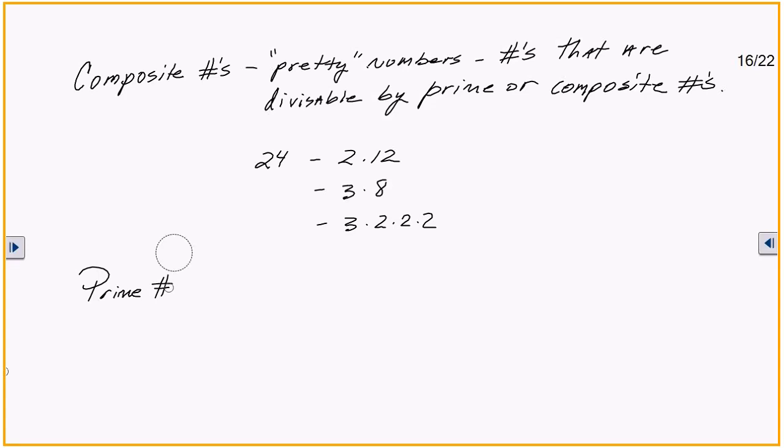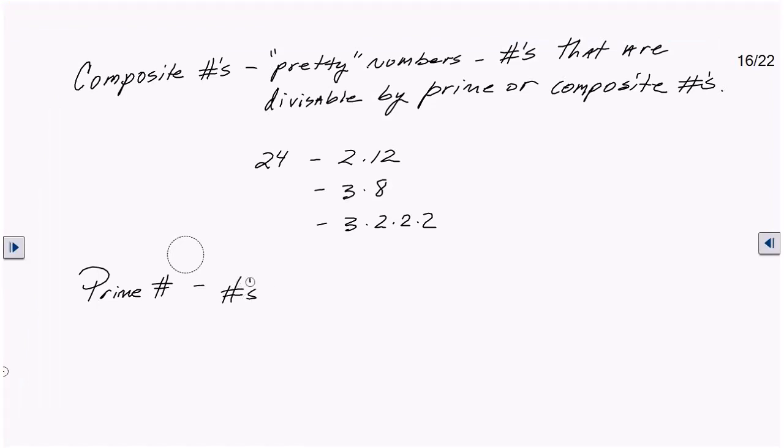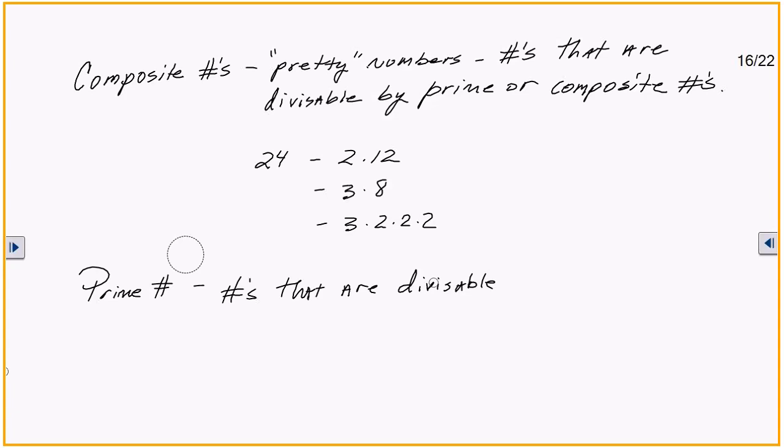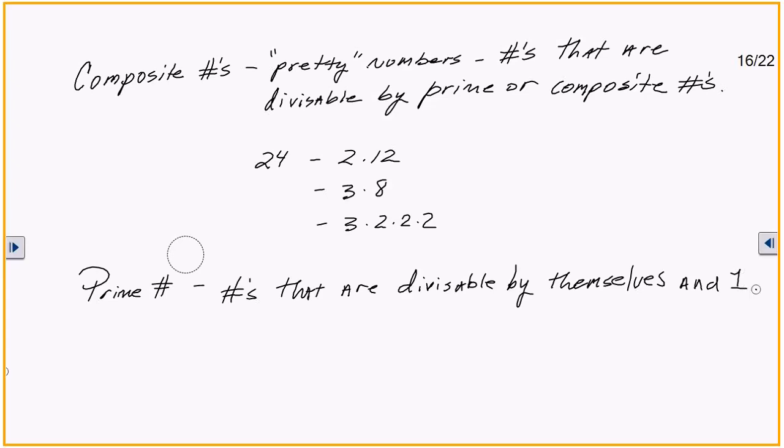Prime numbers are numbers that are only divisible by themselves and 1. I'm going to make this 1 look fancy so you know it's not an I or an L. Numbers that are divisible by themselves and 1.